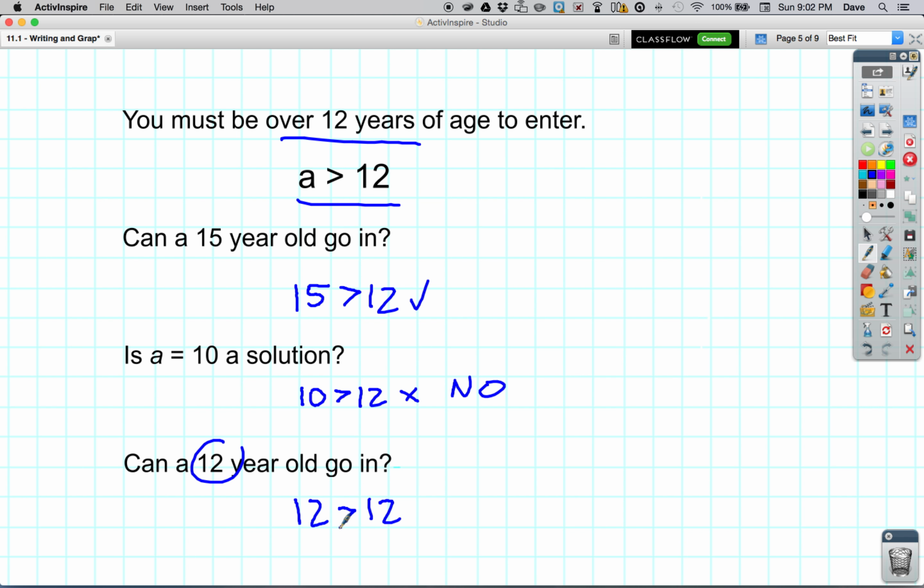Can a number be greater than itself? Well, no. And so here's where we really have to be careful, the difference between over 12 or 12 and up, it's very important that we pay attention to the wording. And that's where we get into a little bit of trouble with how do we represent that? How do we represent that in this case that 12-year-old person can't go in, but somebody slightly over 12 years of age could go in?